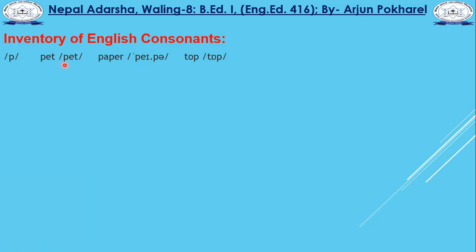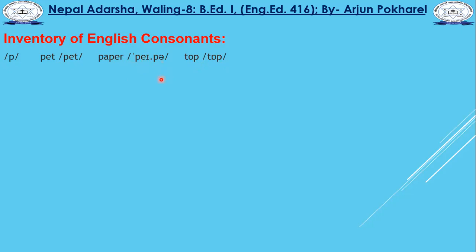This pa is in word initial position, this pa is in word middle position, and this pa is in word final position, in top, T-O-P. We have to focus here mainly on the pa sound.